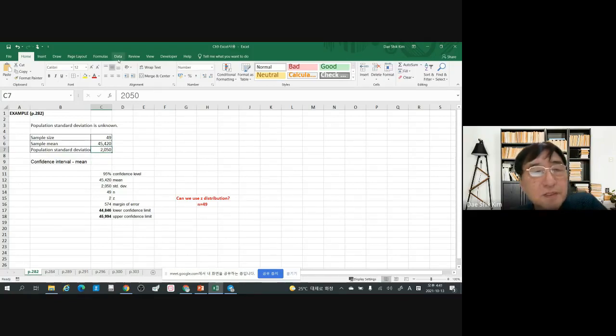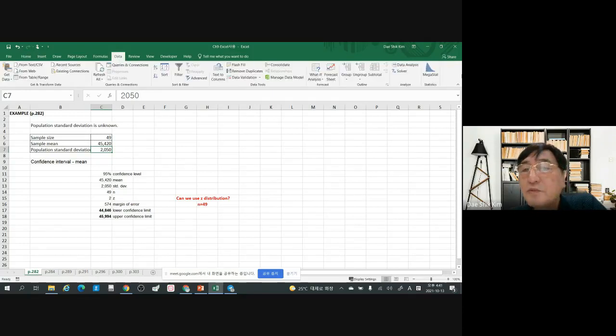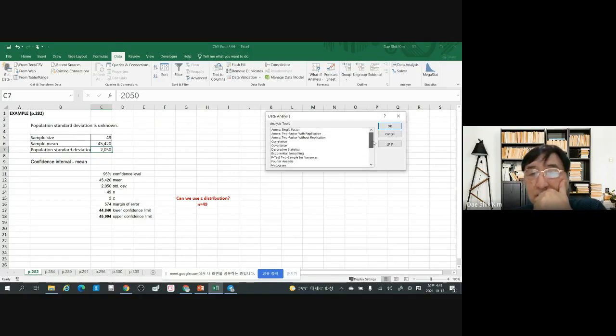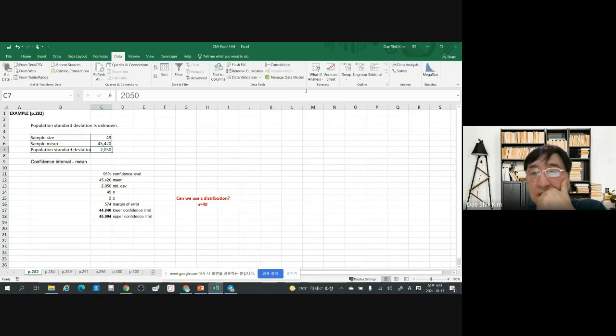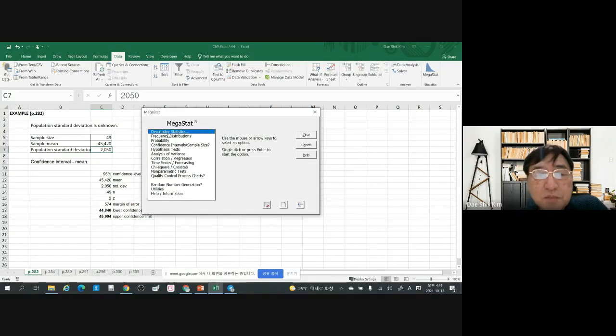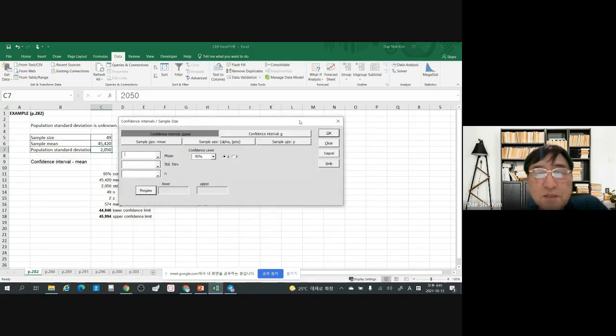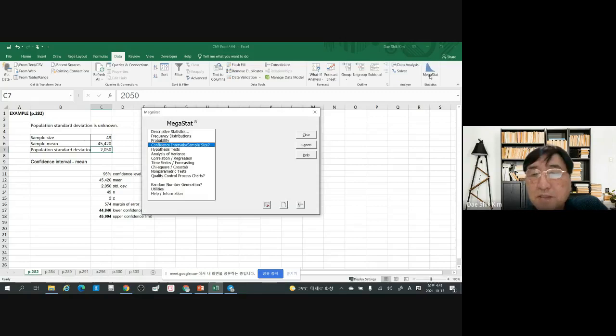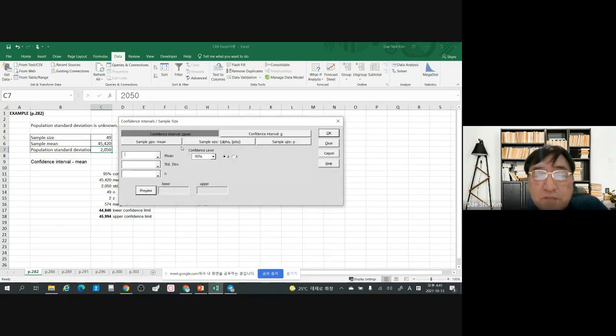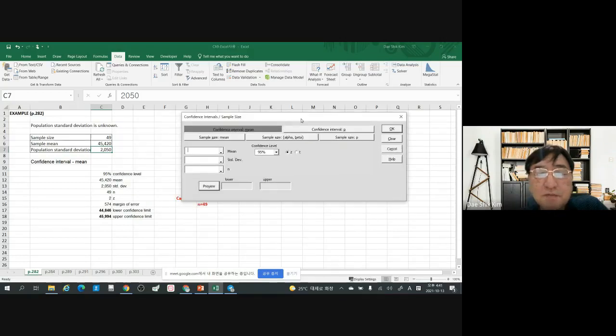Then go to Data, and in Data Analysis, I cannot find any confidence level there. There is no information given. So I will use MegaStat. When you use MegaStat, descriptive and so on, in the last one, look again. When you see confidence interval, I'll click this one, and you will have such information.